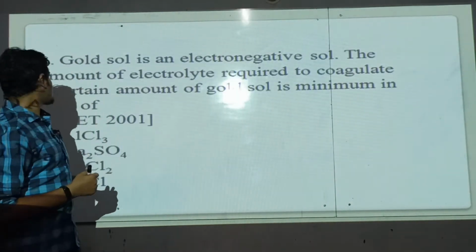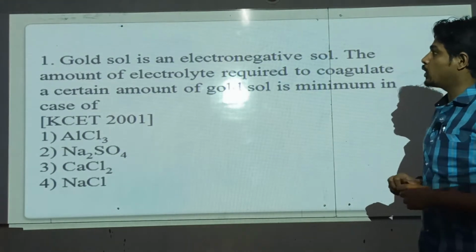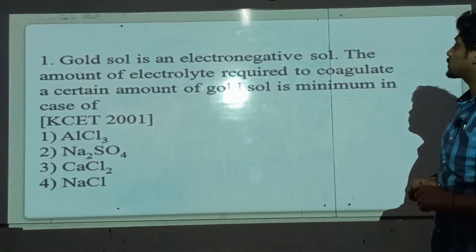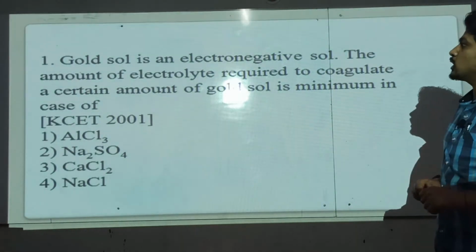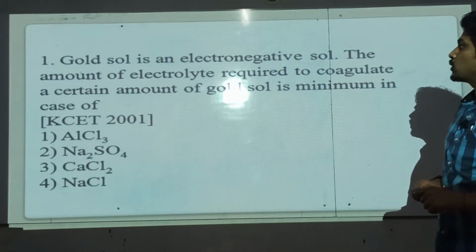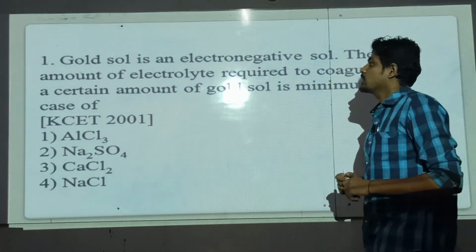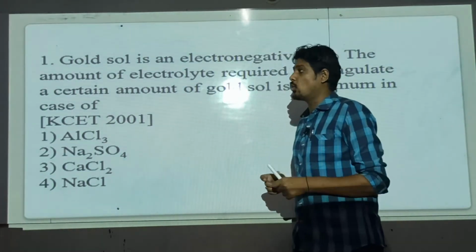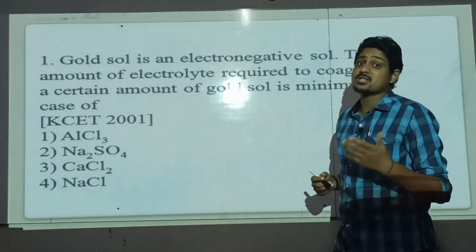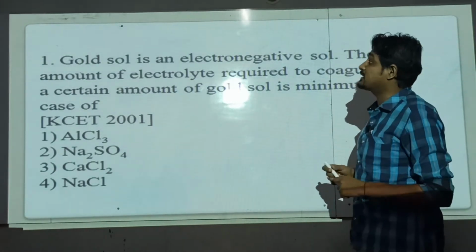Okay, the first question, what is it saying? Gold sol is an electronegative sol. The amount of electrolyte required to coagulate a certain amount of gold sol is minimum in case of. Here they are asking you about the amount of electrolyte required.